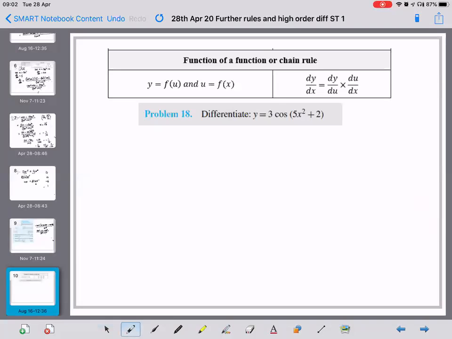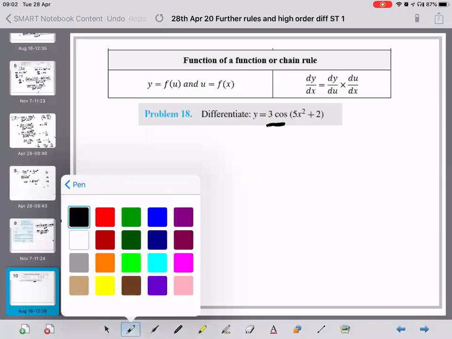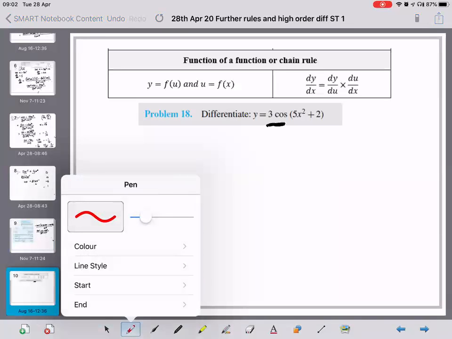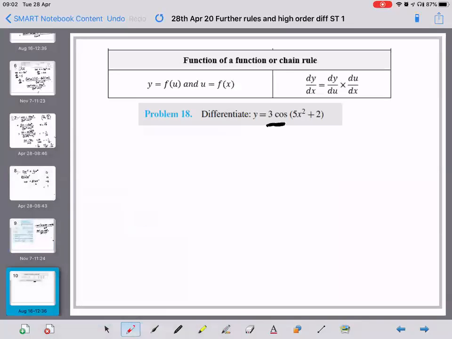We've got a cosine function, and then inside the brackets of that cosine function we've got 5x squared plus 2, which is a function of x. So we have to use the function of a function or chain rule.